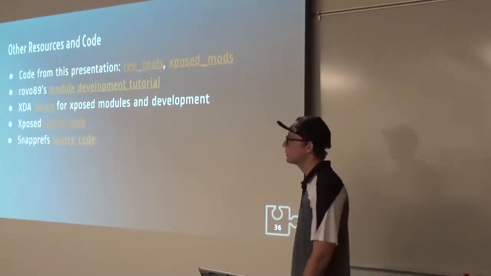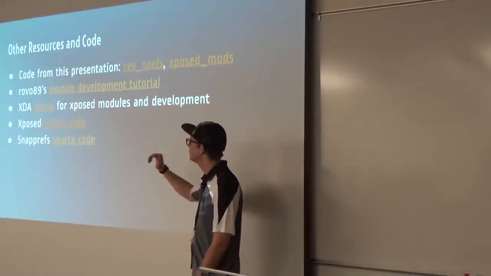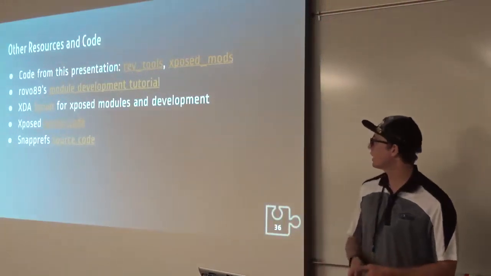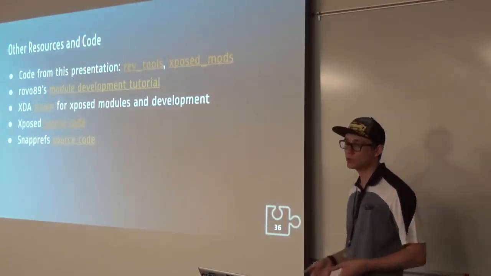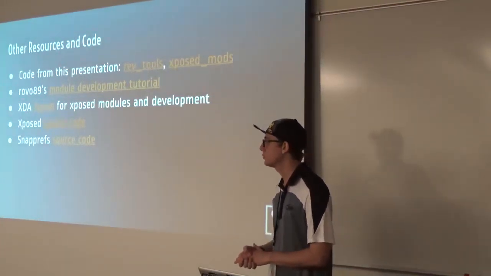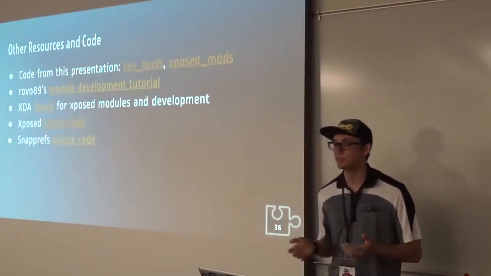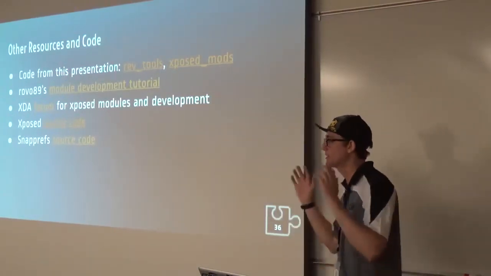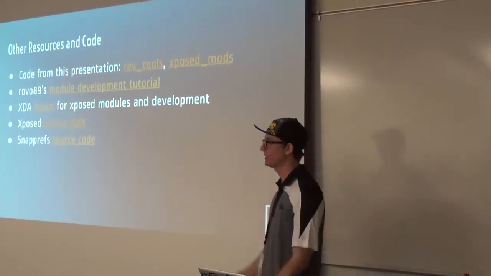The XDA forum, there's an XDA forum for everything Android, and there is one for the Xposed framework and module development and modules themselves. So go ahead and check that out if you're interested. The Xposed source code was something that I looked at a little bit. It's a really cool project, and the guys that maintain it, it's just mind-blowing stuff how they came up with this, and we're just going to rewrite app process, like, great.